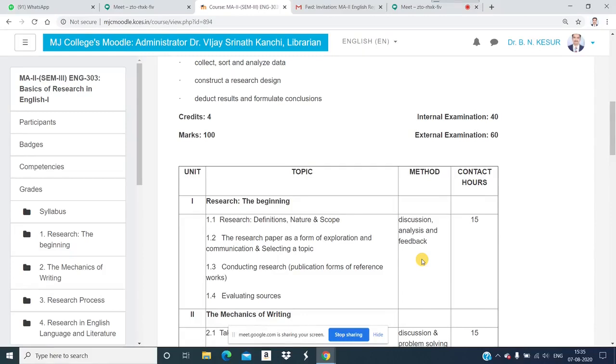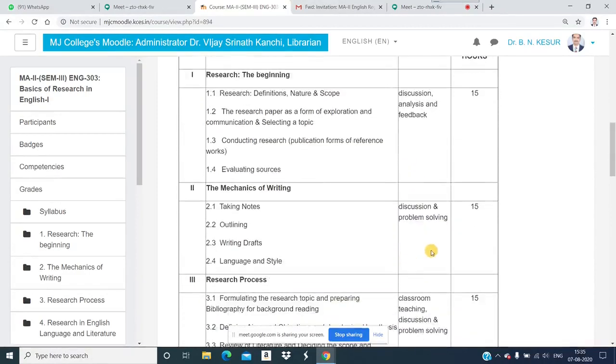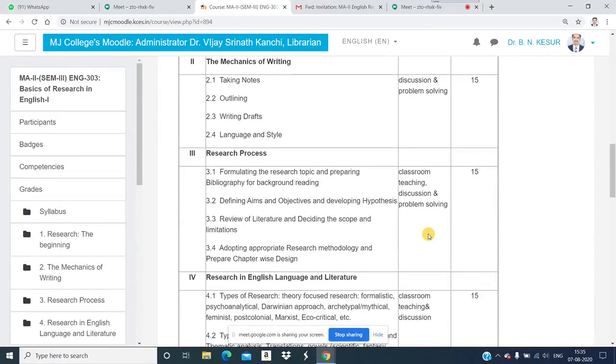Sometimes I will explain a particular topic and then we will have discussion on that topic. Sometimes I will analyze a particular aspect and try to get feedback from you. Sometimes the problem solving method can be used.